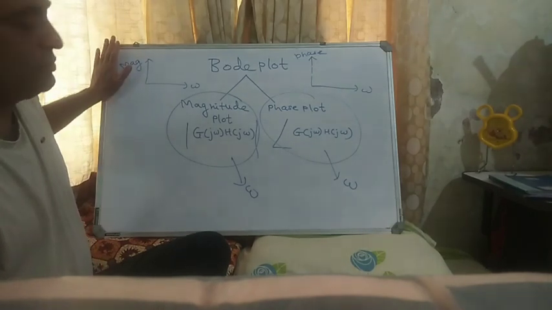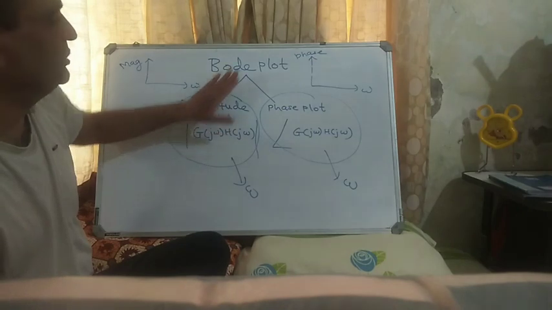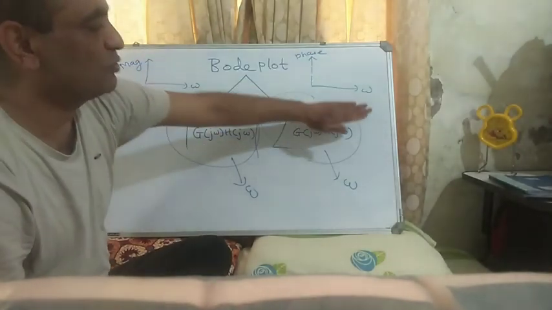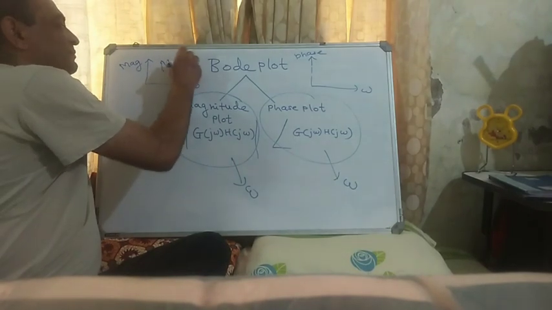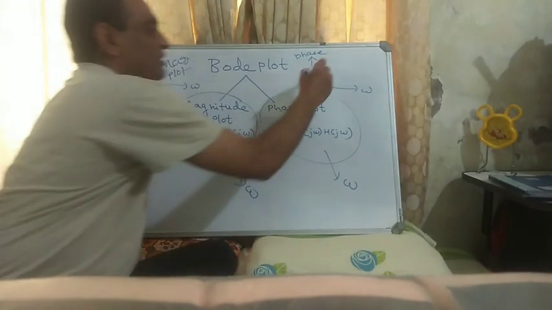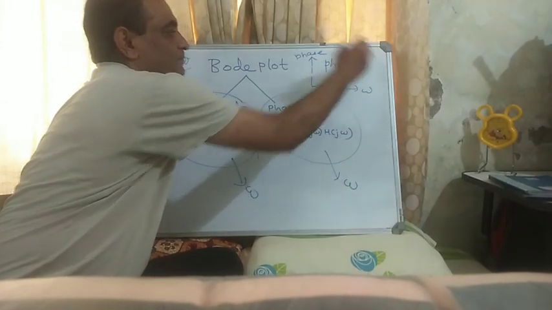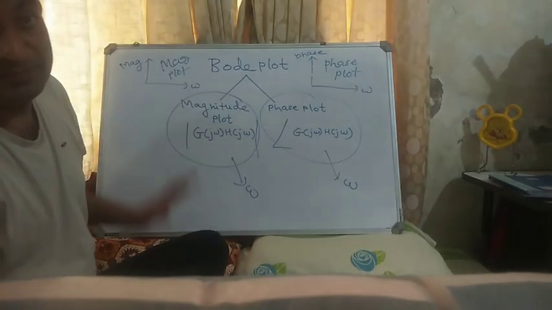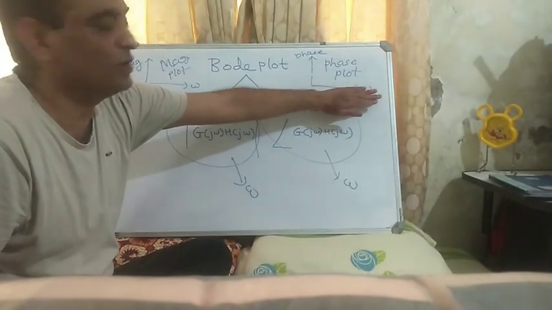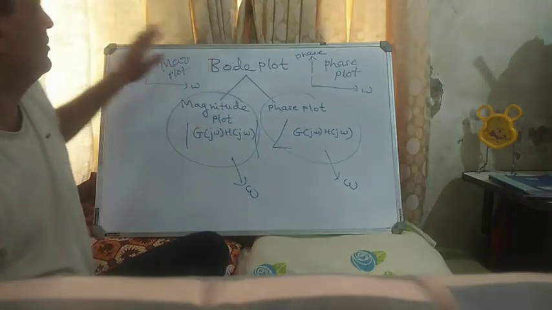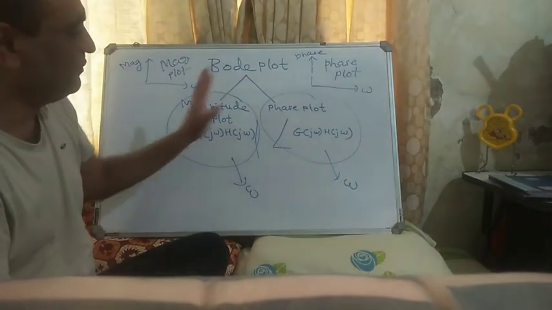So magnitude versus ω, that is frequency, is the magnitude plot, and phase versus ω is the phase plot, on a single paper. Note that the ω here is not a simple ω, and the magnitude here is not a simple magnitude. That we will discuss now.